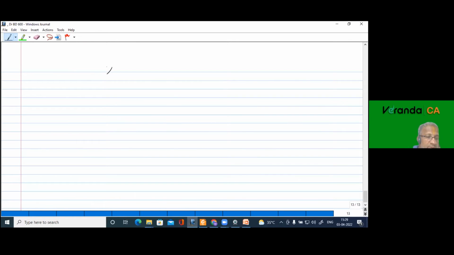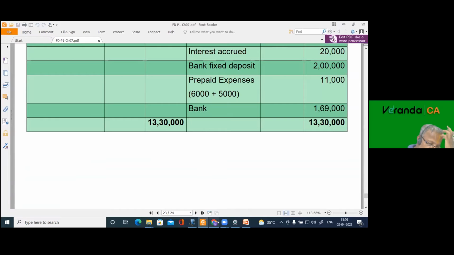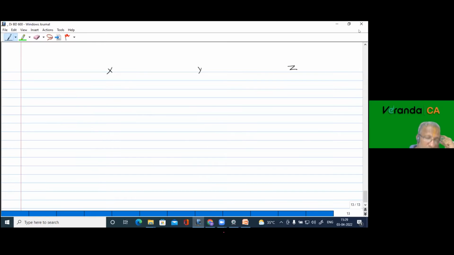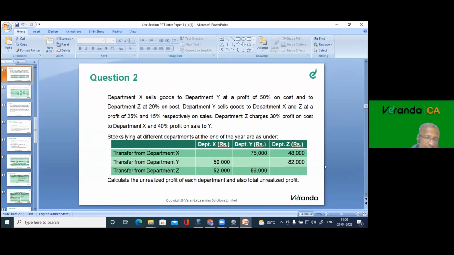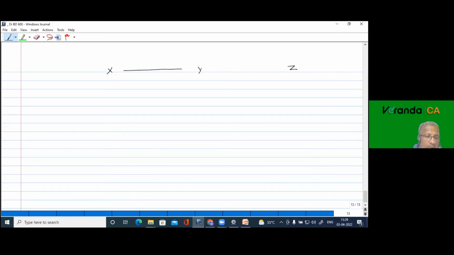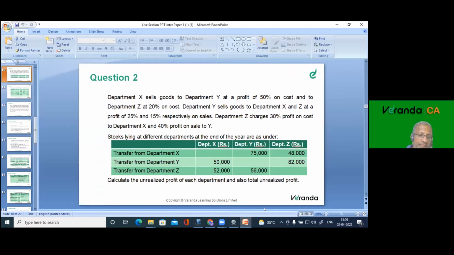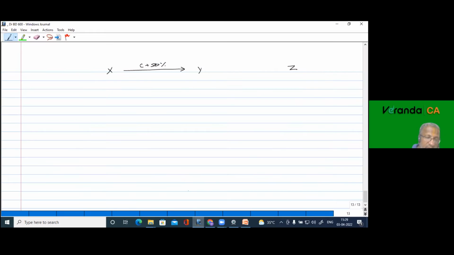We have X, Y, and Z. So what they mentioned is: X to Y, cost plus 50%. X to Z, cost plus 20%.